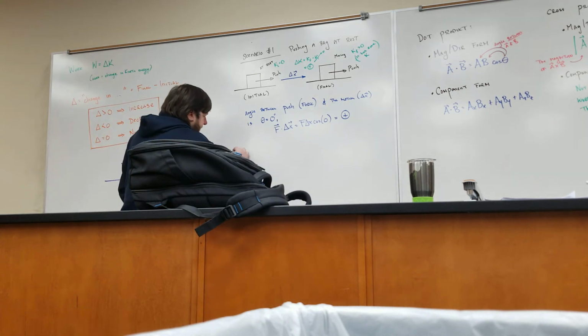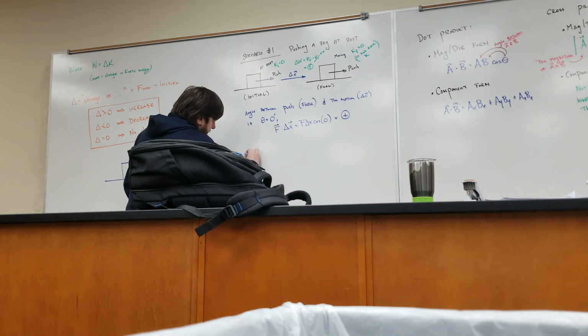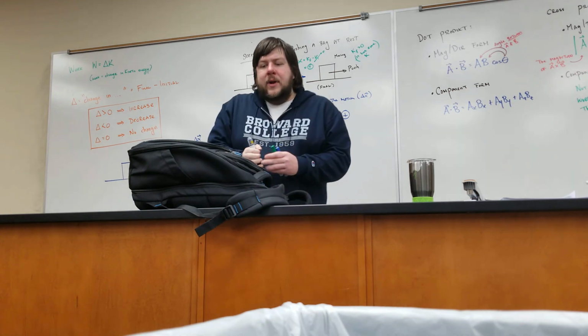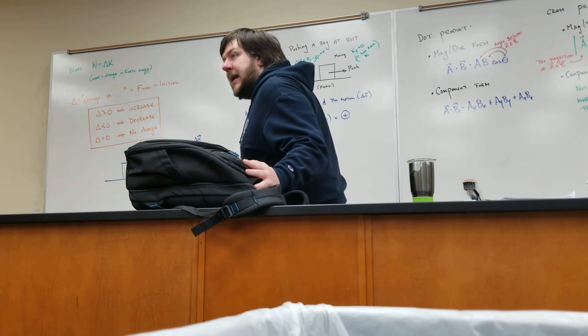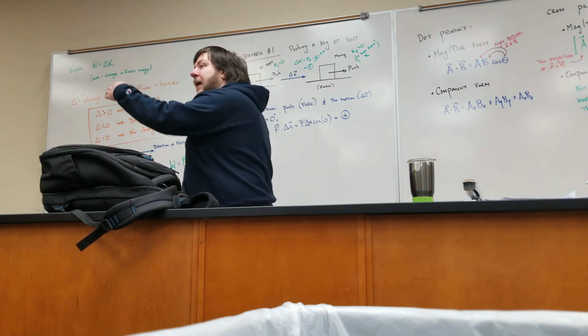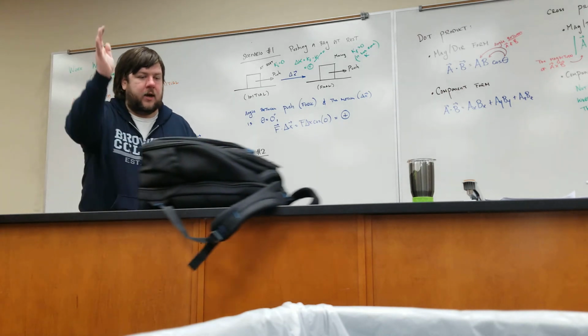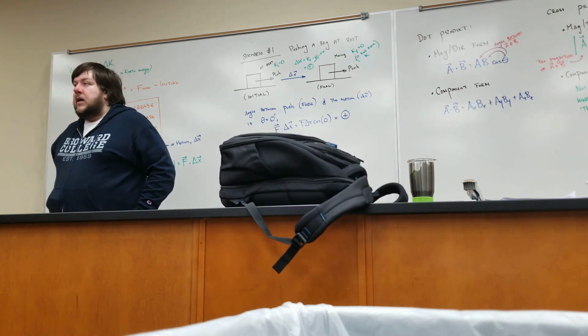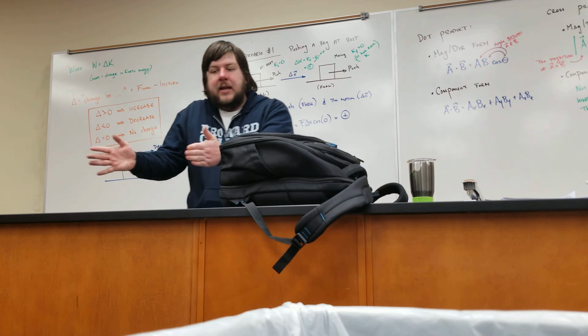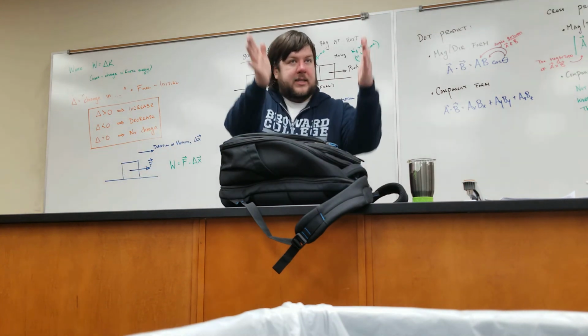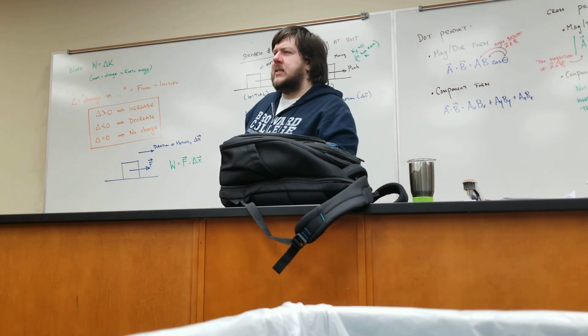I want to consider scenario 2 now. When I push this bag and I give it some energy, that bag will move. But it's not going to move indefinitely, right? If I push it and let it go, what happens to the bag? It stops. It slows down and it loses its kinetic energy until it's back at rest. Why does it stop?